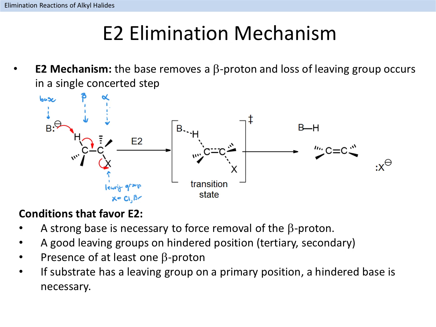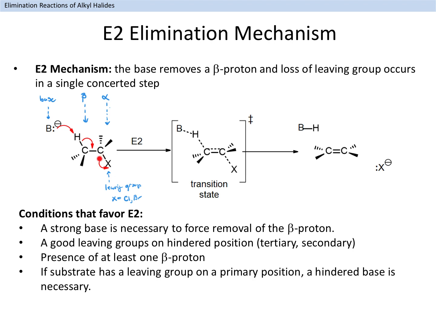In the diagram, the base, represented by the letter B, attacks the hydrogen atom on the beta carbon. The curved arrows illustrate the movement of electrons. One arrow shows the electrons from the base attacking the hydrogen atom. Another shows the electrons from the carbon-hydrogen bond moving to form the pi bond between the alpha and beta carbons.